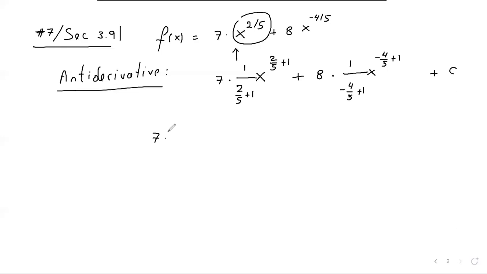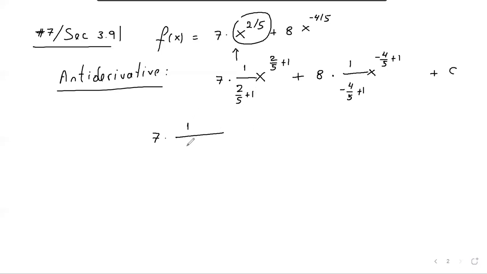I tried one, and I could see that it doesn't know how to do these very well. So 7 times 1 over, and this is the type of calculation that you want to do, and you want to show on the test maybe.